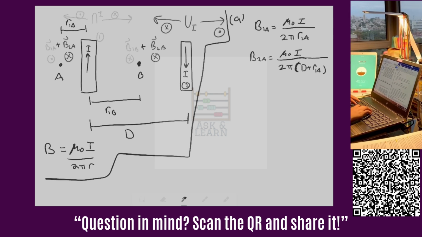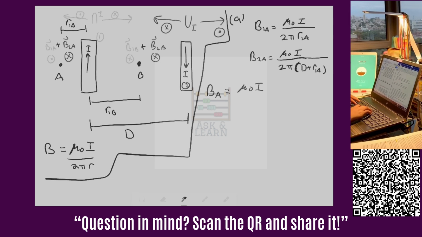Now, as I said before, these two magnetic fields are in opposite directions. So what we're going to actually do here is subtract the two and take the magnitude of that result, just because we want the magnitude at that location. So the total magnetic field at location A is going to be given by the subtraction between my two fields.